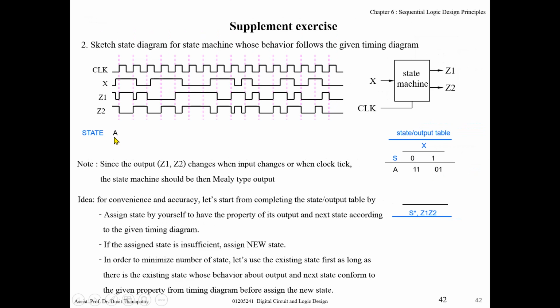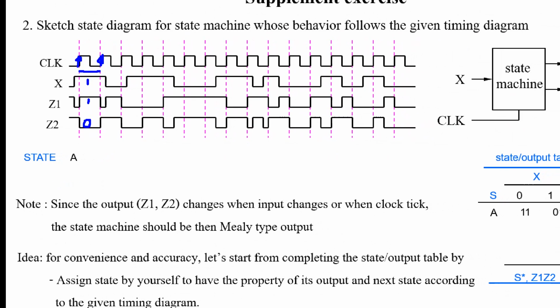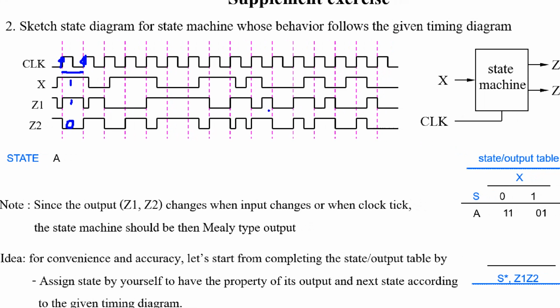And then when clock ticks, it comes to the next state. In this state x is 1. You will consider it with this period of clock. When x is 1, output is 1, 0. It's not A, right? It cannot be A, because when x is 1, for state A, output is 0, 1.